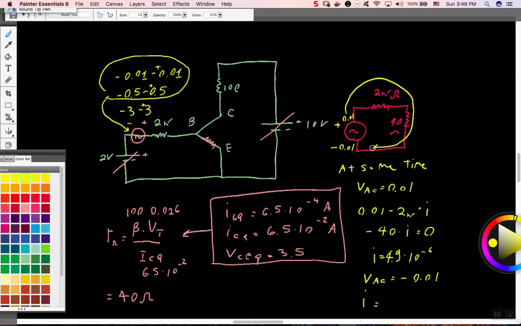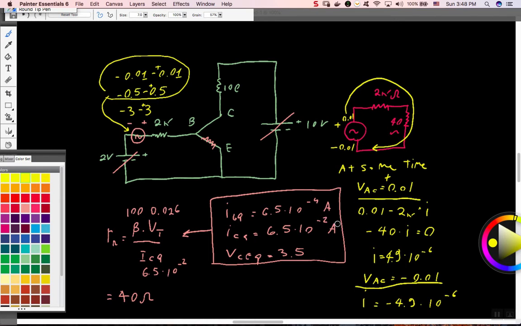If we define a priori that this is the direction of the current, then when the current goes the other direction, it will be minus 4.9 times 10 to the minus 6. Very well. That is the current. So this is when AC is actually the negative, right? So this is at a positive.